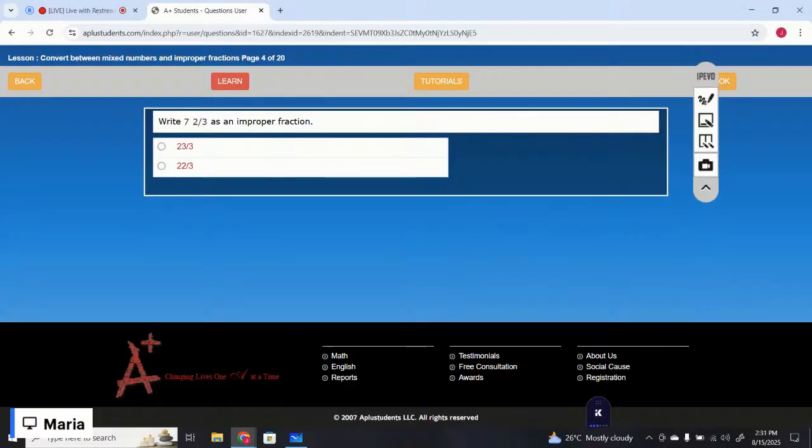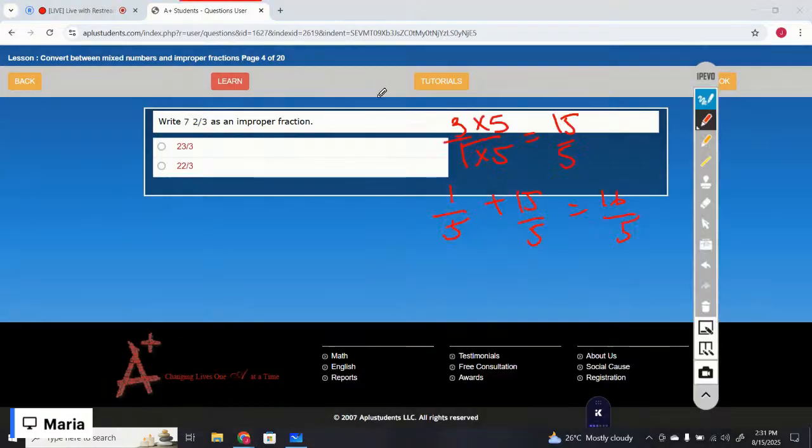Write 7 whole 2 by 3 as an improper fraction. So the whole number is 7. 7 times 3 divided by 1 times 3. 7 times 3 is 21 over 3. 21 over 3 plus 2 over 3 equals 23 over 3.